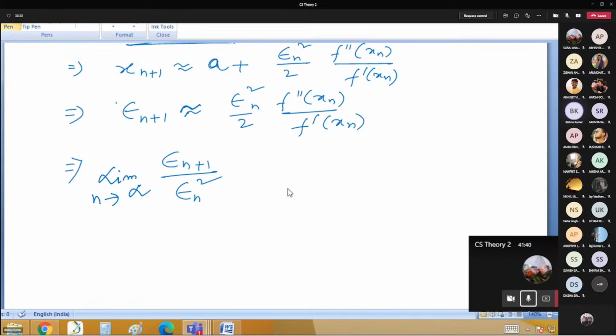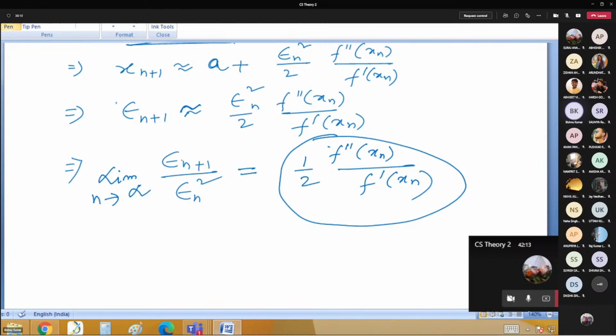So if I write, what will the right hand side be then? It will be half of this. That is basically the asymptotic error constant, the right hand side constant term.